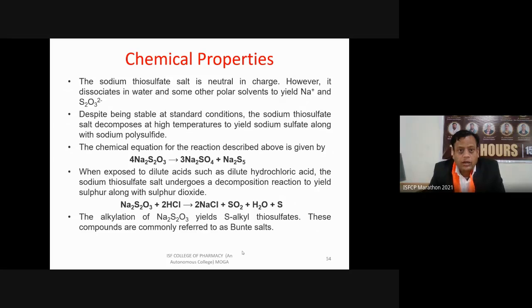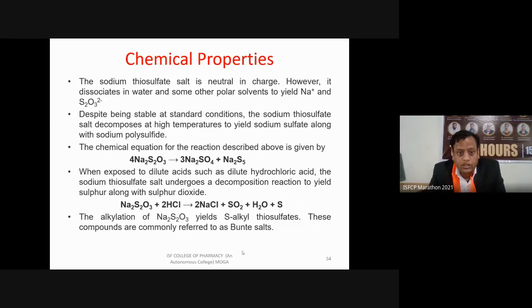Chemical properties: sodium thiosulfate salt is neutral in charge. However, it dissociates in water and some other polar solvents to yield sodium ion and thiosulfate ion. Despite being stable at standard conditions, the salt decomposes at higher temperature to yield sodium sulfate along with sodium polysulfide.